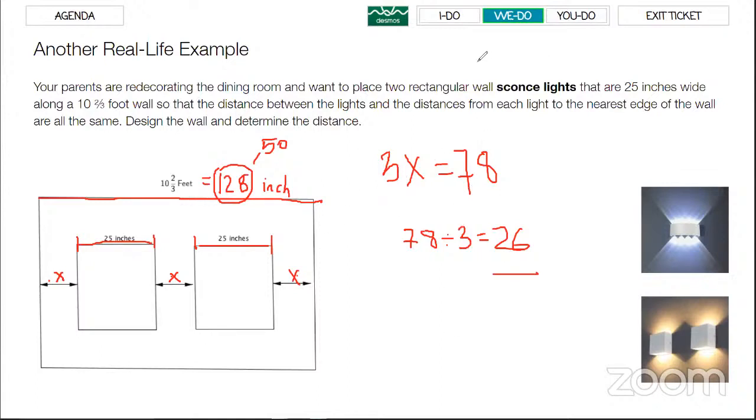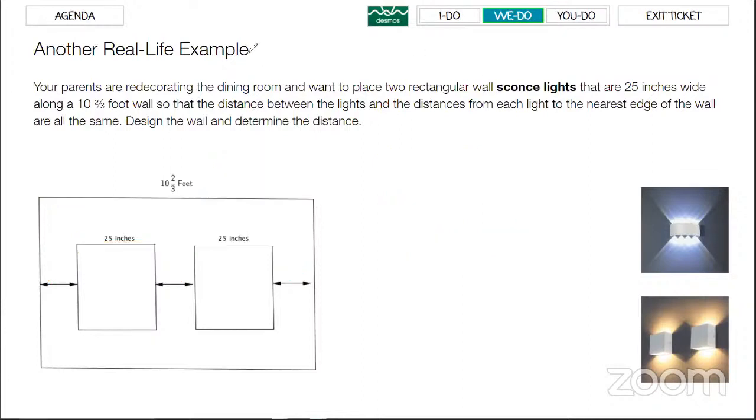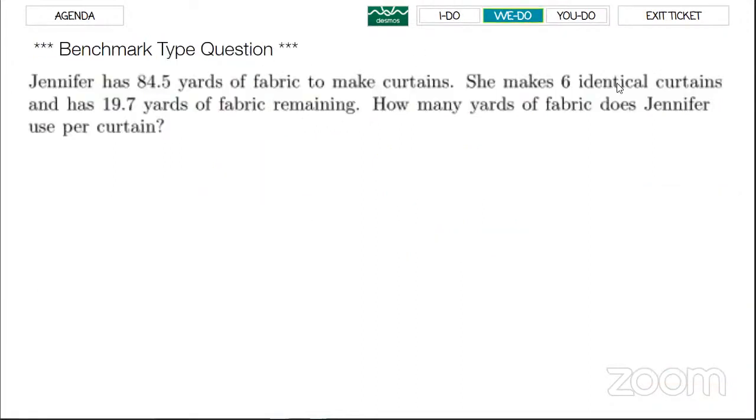Okay, let's move on. Let me show you one more example that you may see in your benchmark. Maybe I'll ask the same thing. Let's think about this example. You have a curtain. Let's say the length of the curtain is the length of this line, okay? This is the beginning and this is the ending of the curtain.